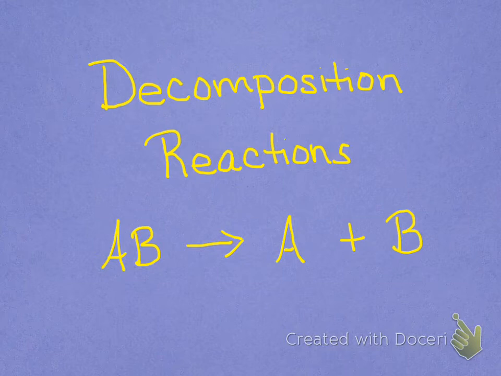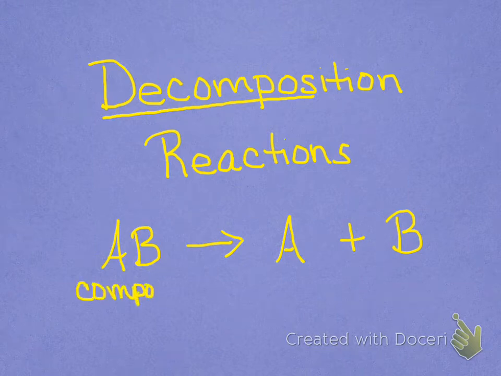Decomposition reactions, remember, are when we have something that is decomposing. Sounds just like the name, so it's falling apart. The way to identify decomposition reactions is we always start with a compound, and we always start with one single reactant.